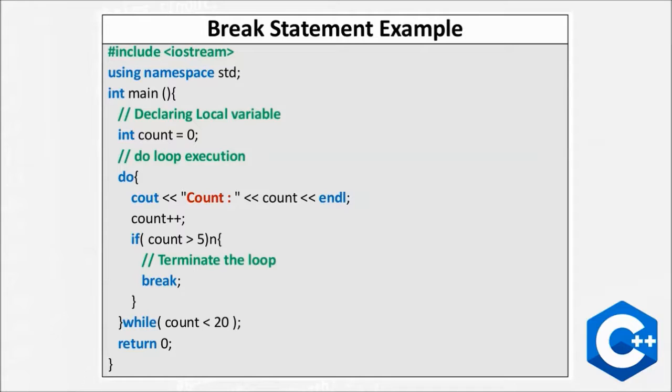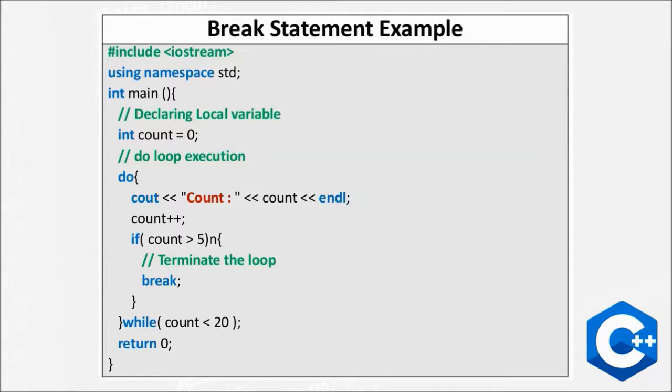We write cout and count. After that, we write count plus plus to increment our count, and then we simply write the test expression of the do while loop.